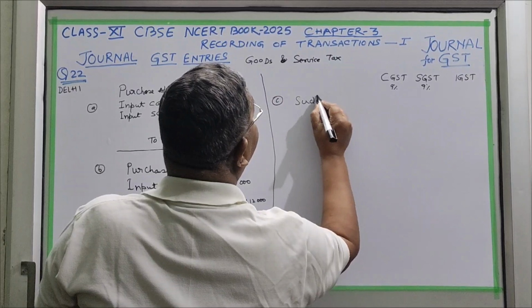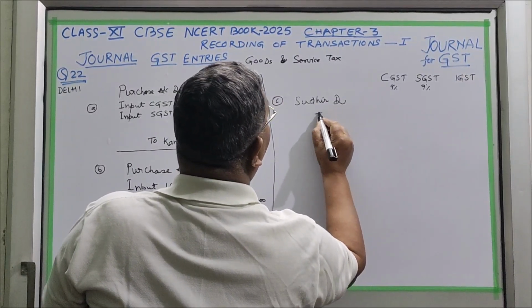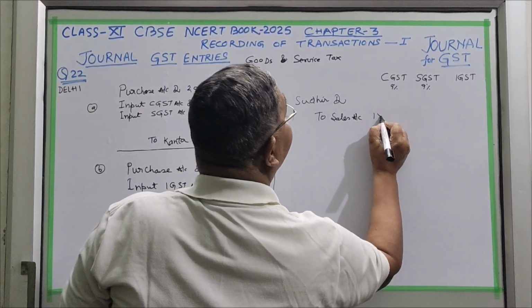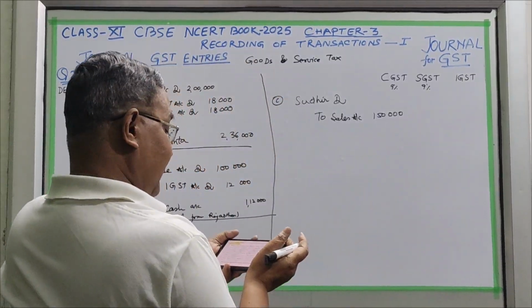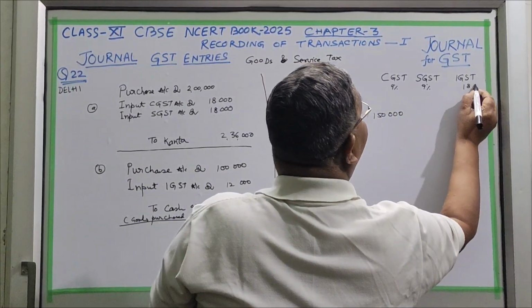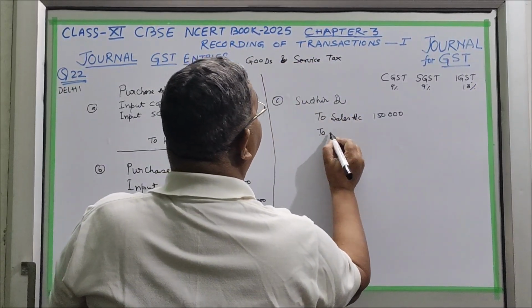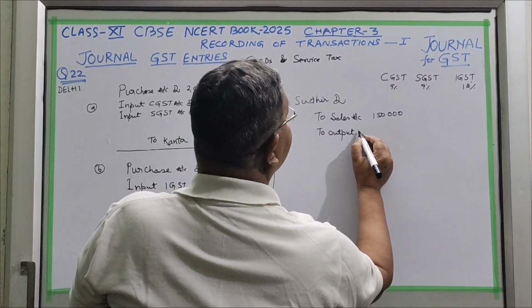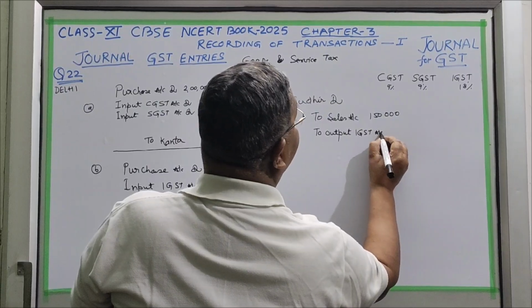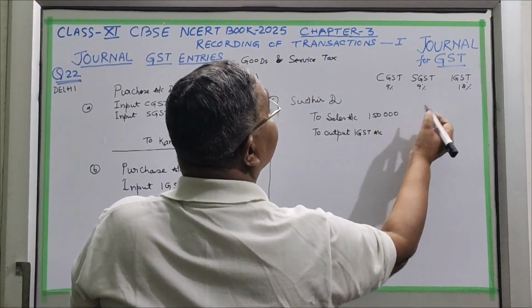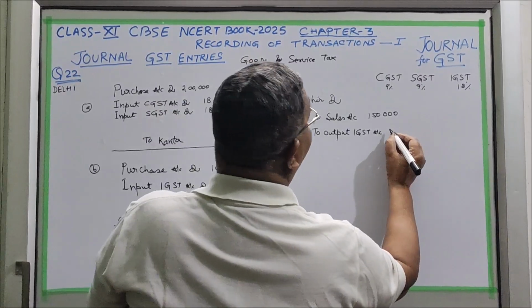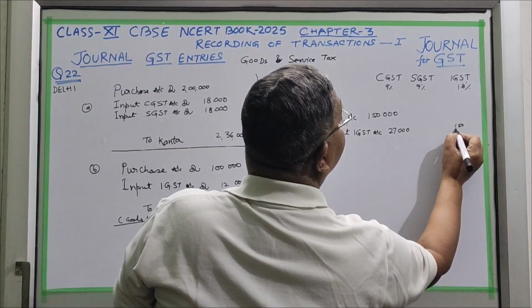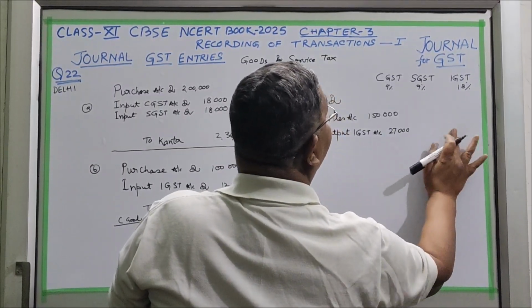Sudhir debit to sales account 1,50,000, and at the rate of IGST 18% they are charging, to output IGST account, and 18% of this will be 27,000.